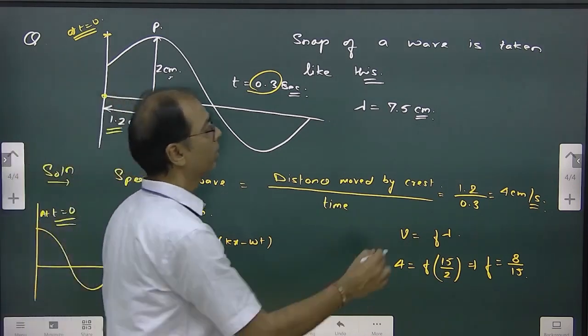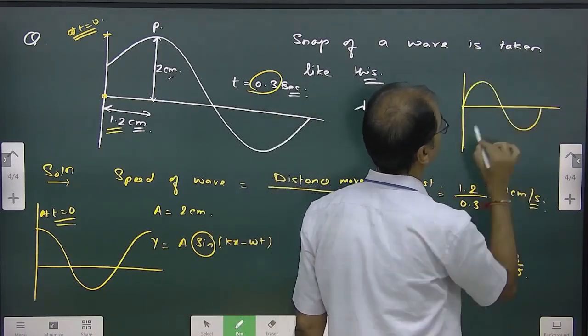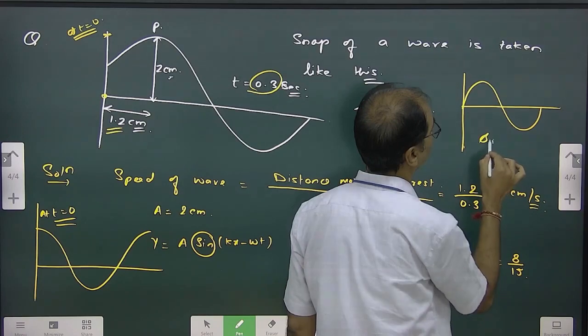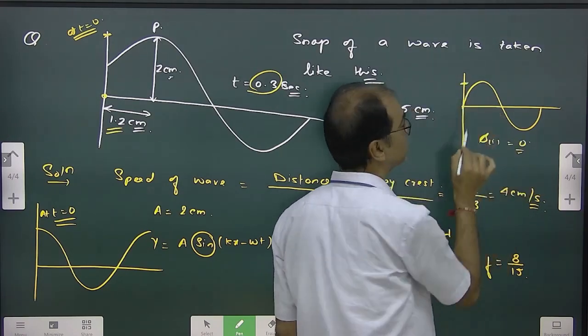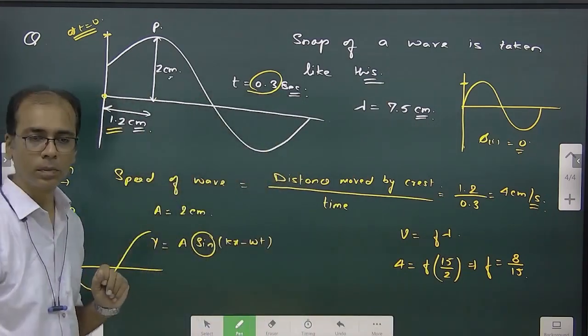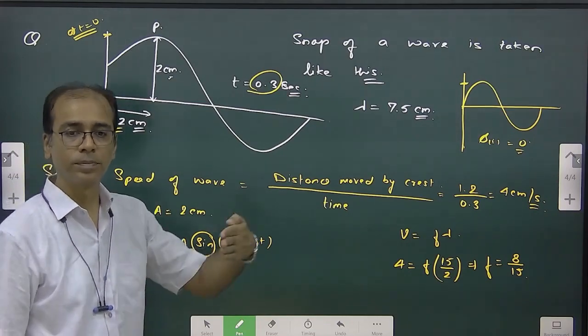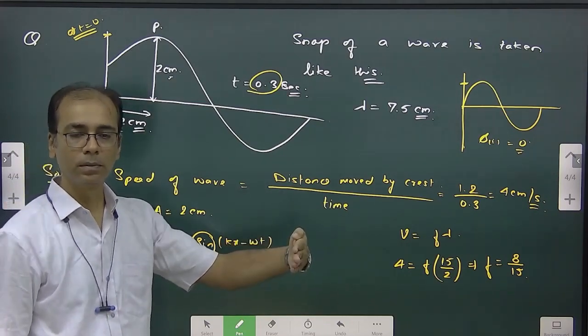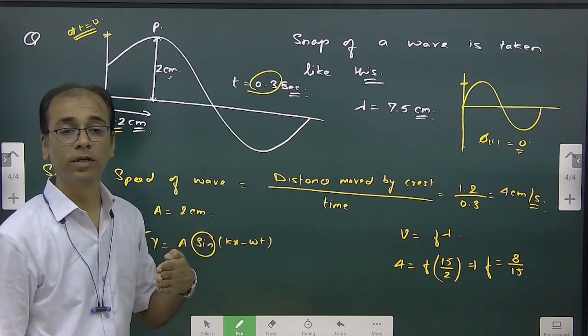Okay. If a wave starts from mean position, then initial phase is 0. But if wave is starting from extreme, that is extreme because it's starting from amplitude. So mean position 0 phase, extreme position 90. Then again when you are coming back to mean position, then phase is 180.